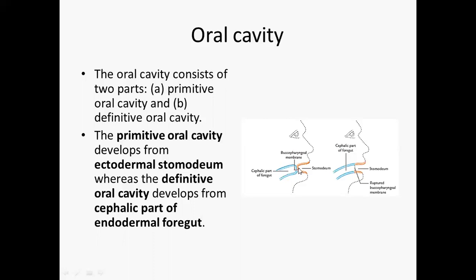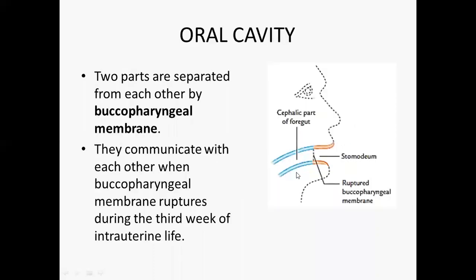So the primitive oral cavity develops from the ectodermal stomodeum, and the definitive oral cavity develops from the cephalic part of the foregut, which is endodermally lined and bounded by the buccopharyngeal membrane. Then later on, what happens? The two parts earlier are separated, but by the rupture of the buccopharyngeal membrane at around the third week of intrauterine life, both the cavities will communicate with each other.